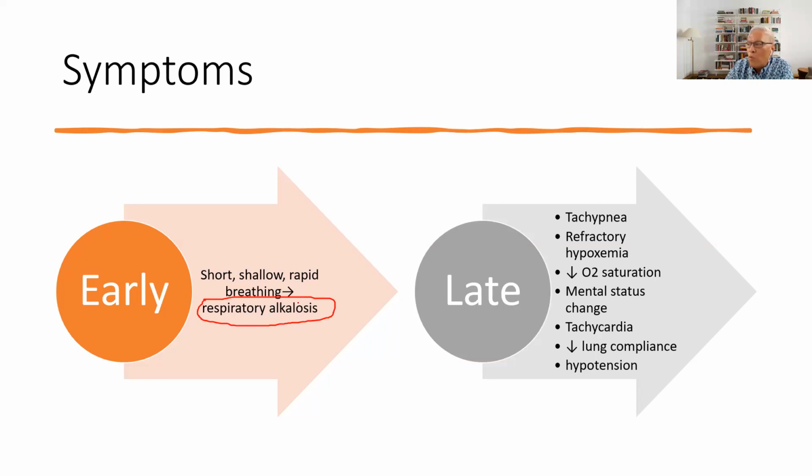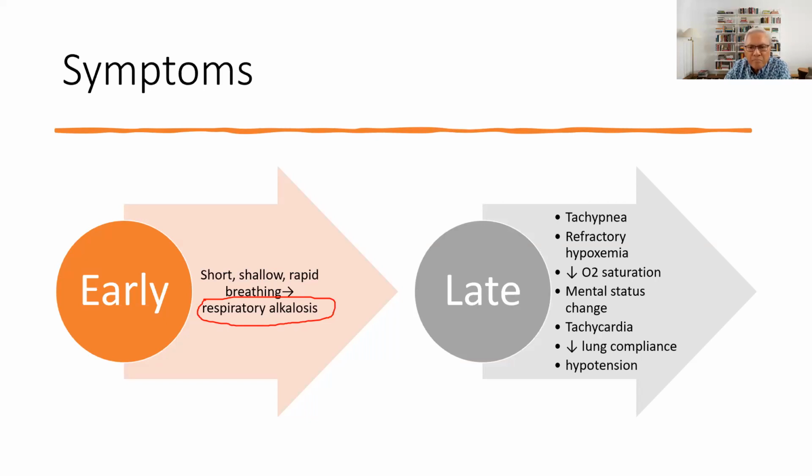And the reason why I wanted to emphasize that is in the late stages, what's going to happen is it's going to change. All right. So what are the late findings as far as ARDS is concerned?